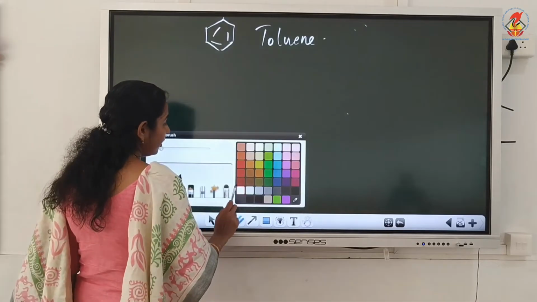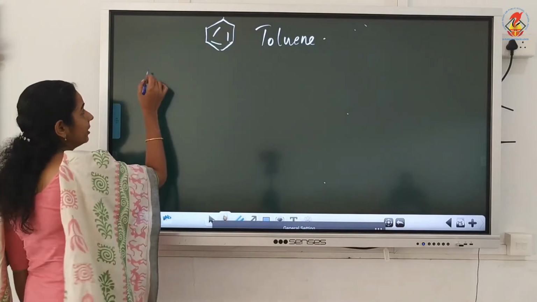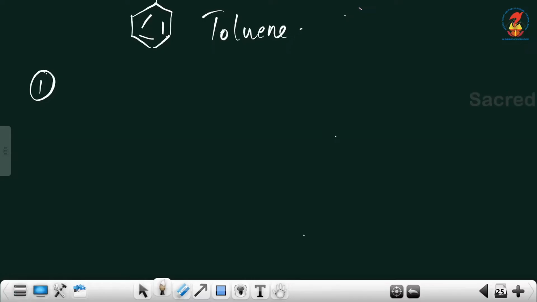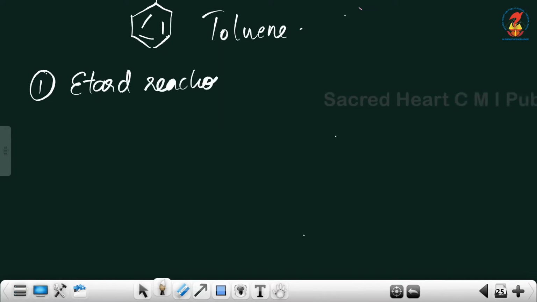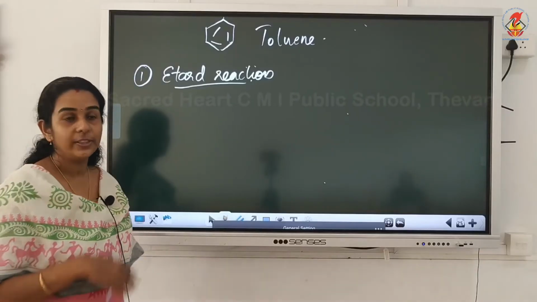We already studied 2 named reactions. Now the third named reaction in this section is the Etard reaction. Whenever we study a named reaction, first we study the reagent.